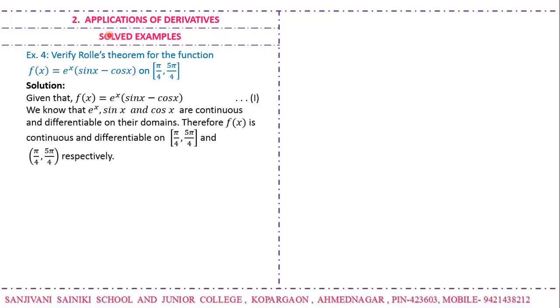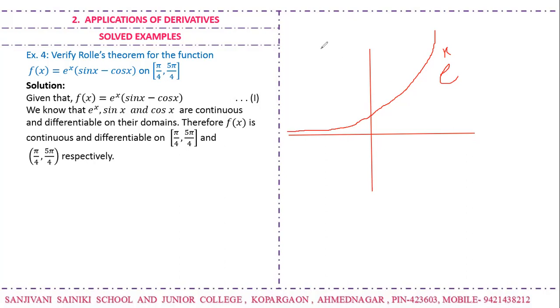You must know the graph of e raised to x. Suppose this is our x-axis and y-axis, then the graph of e raised to x is like this. Here x is greater than 0.